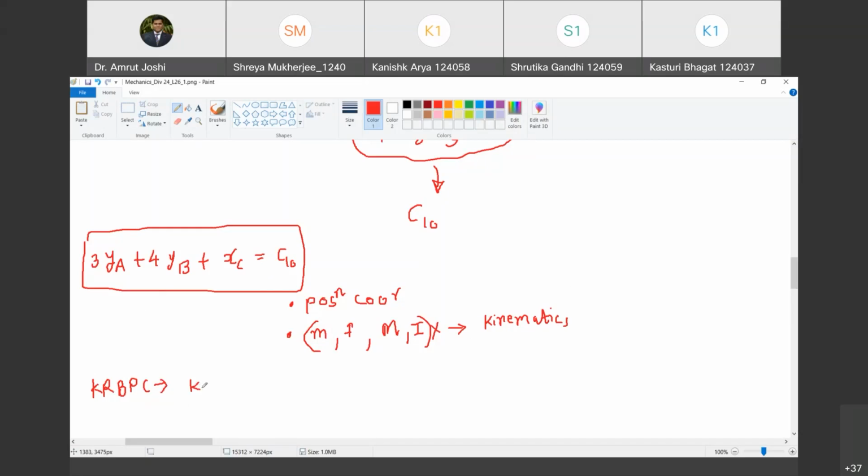This is kinematic relationship between position coordinates. Are you with me? Yes. Position coordinates. Now, tell me, how many KRBPCs can we write?